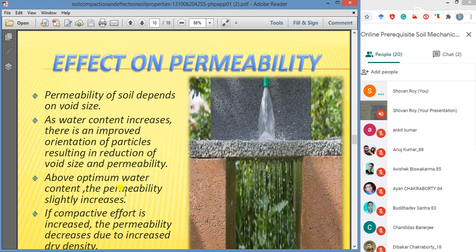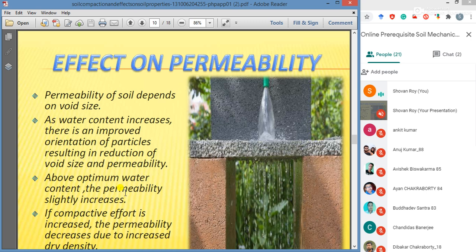But when we take the dry soil for the compaction process, the optimum water will reach in the soil mass. That's why the compaction will reach an optimum position when we take the dry soil.